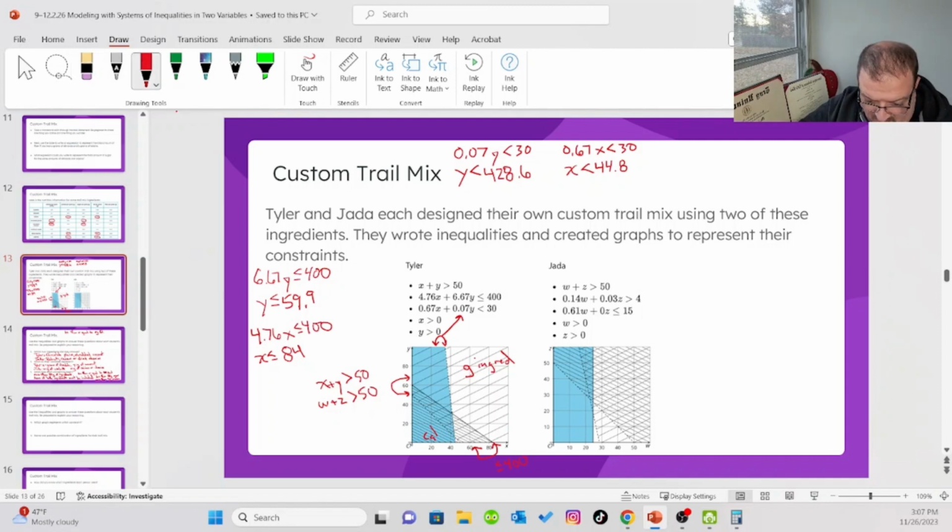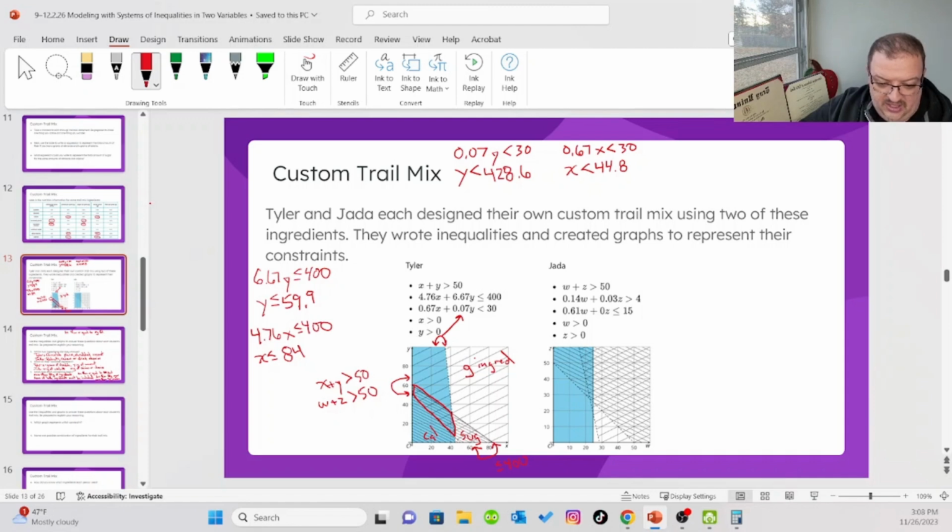And this area right here is sugar. So if we want something that meets all of them for Tyler, we need something on this solid line or within this triple shaded area right here. So something inside this box here would make all of Tyler's the same.